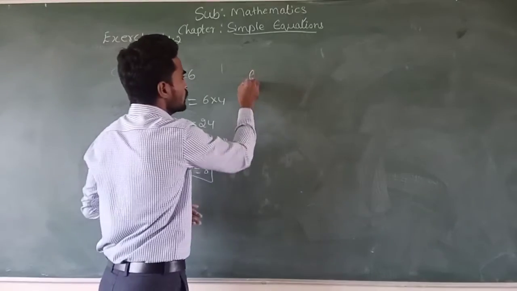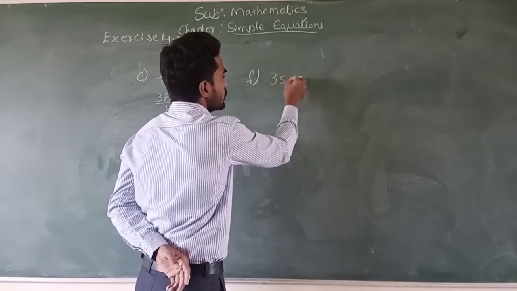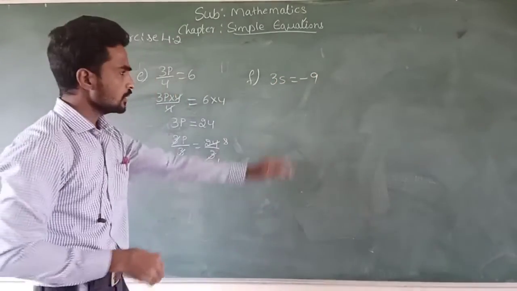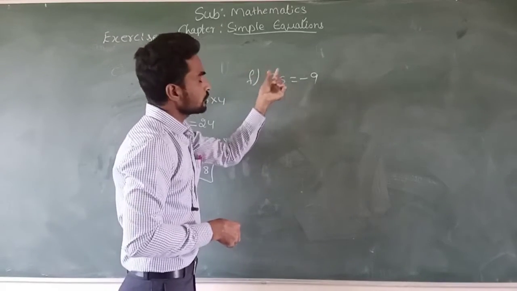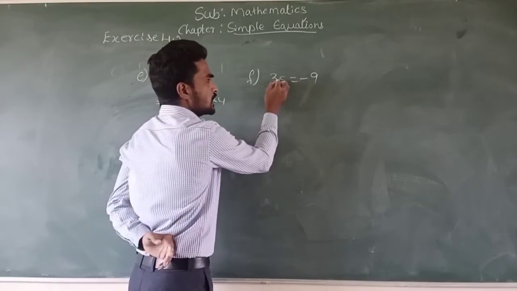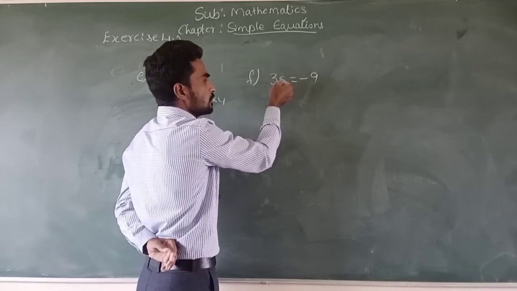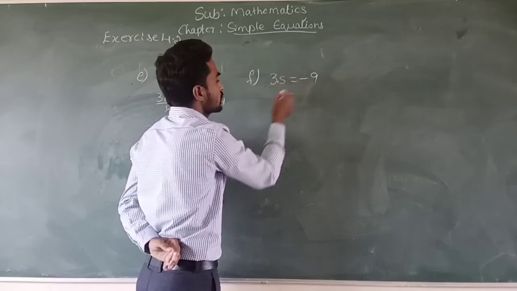Next one is F. F is 3s is equal to minus 9. Here s is the variable, that is multiplied by 3, and we get minus 9. For separating this variable, we can divide by 3 on both sides.